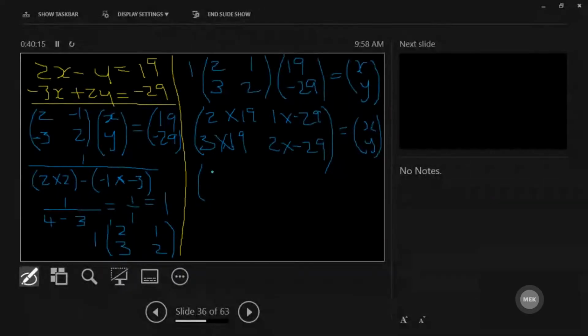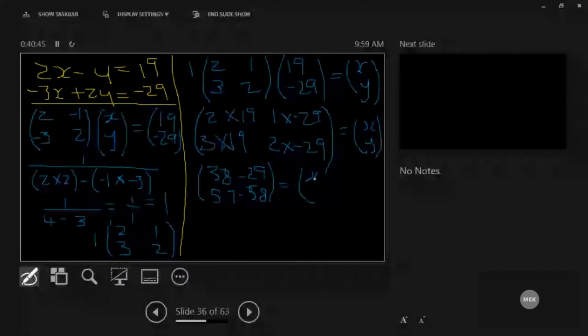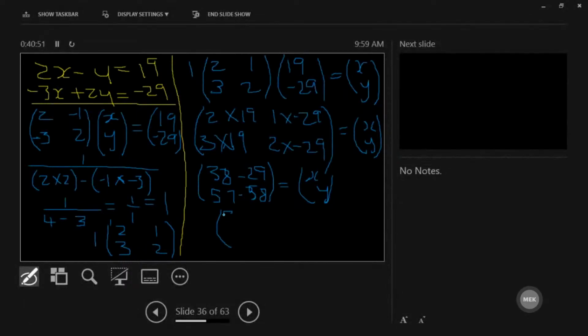So 2 times 19, that's 38, minus 29. And 3 times 19, so 3 nines, 27, that's 57 minus 58. Equals x, y. 38 minus 29, that's 9.